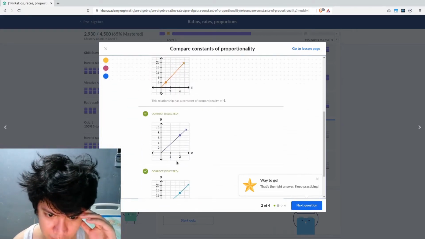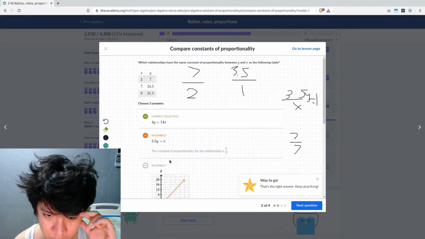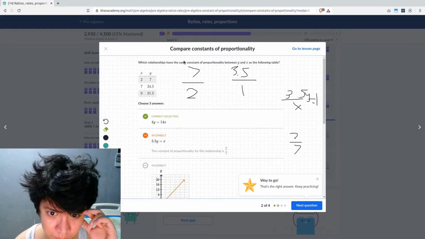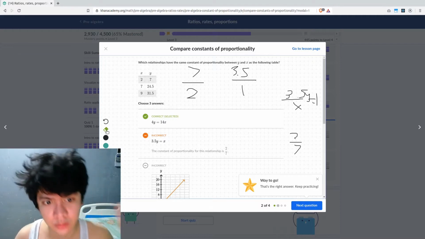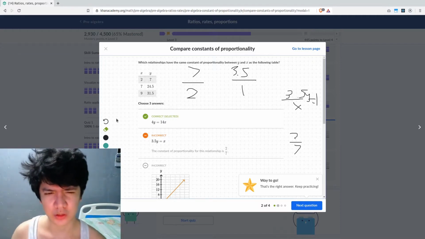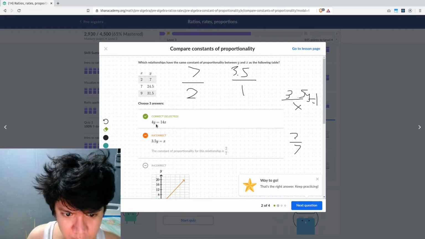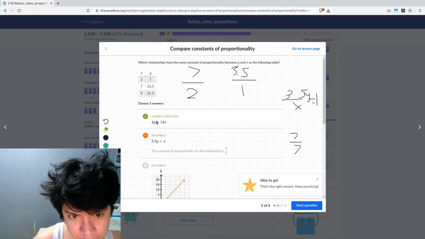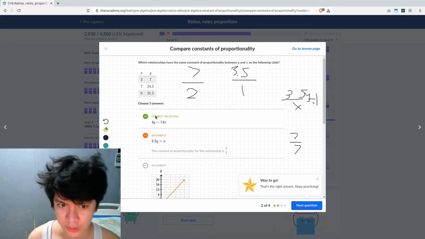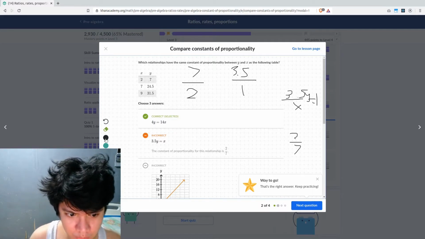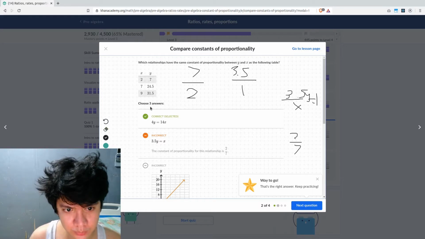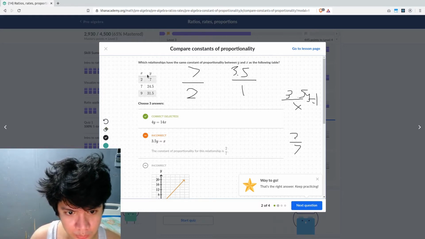This one makes sense. Am I supposed to say that the actual y itself is 7? So we're gonna have like 4 times 7. Or is it supposed to be like, this is insanely hard.